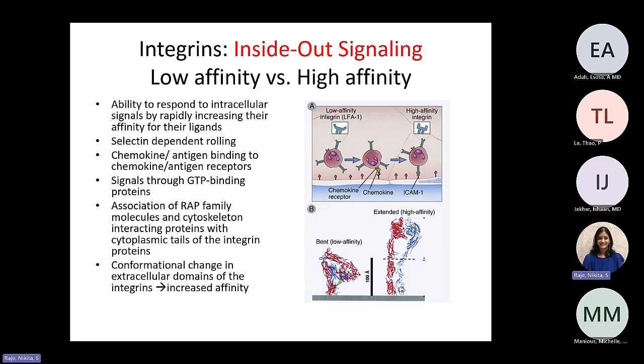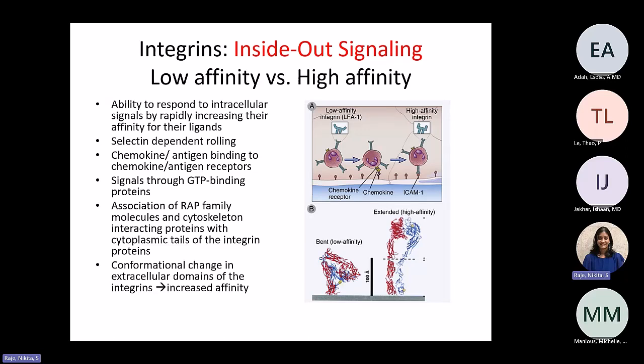That's the general concept. When it comes to integrins, there is also something called inside-out signaling, which means that there is some activity inside the cell that leads to signaling, resulting in a change on the outside of the cell.